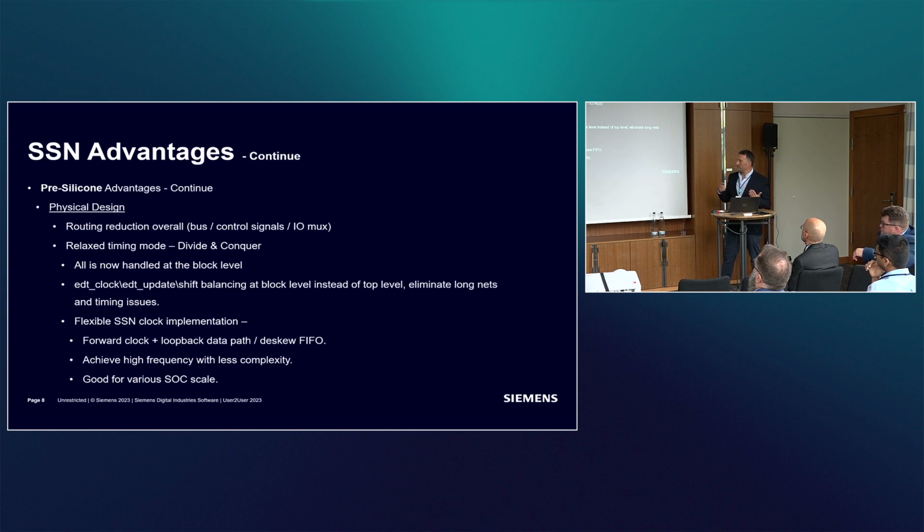By that, we can achieve high frequency for SSN data, higher than the shift data or the scan data. So we can run a 100 megahertz shift clock, and the SSN data will be at 200 megahertz or 400 megahertz, depending on the IO limitation.